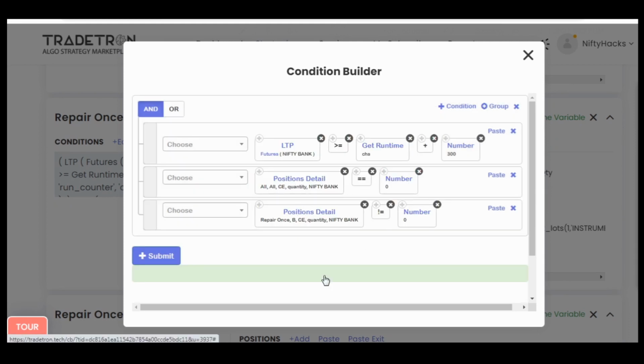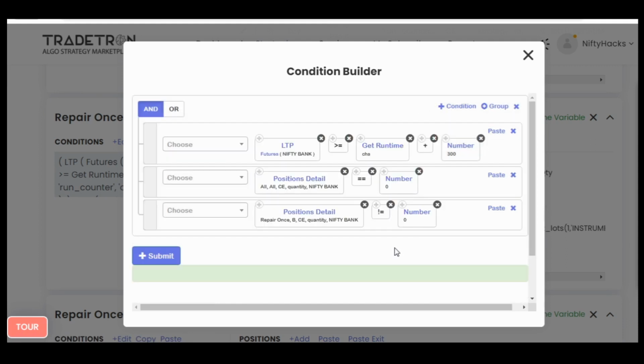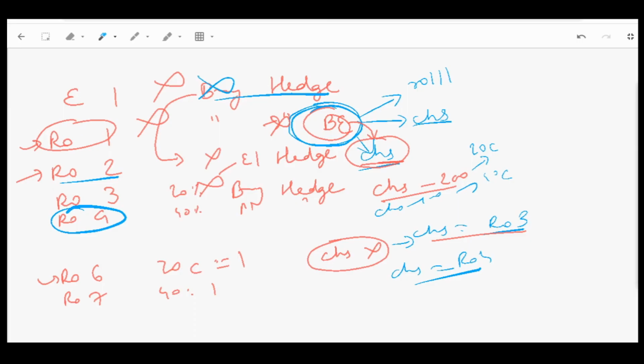And repair once by CE quantity is not equal to 0. This fetches the value showing that any of the repair ones have already happened for the buying side. Why have we used that and not RO4? Because it can happen that as soon as you buy the break-even hedges here, the market can go up and this hedge will become ITM3.